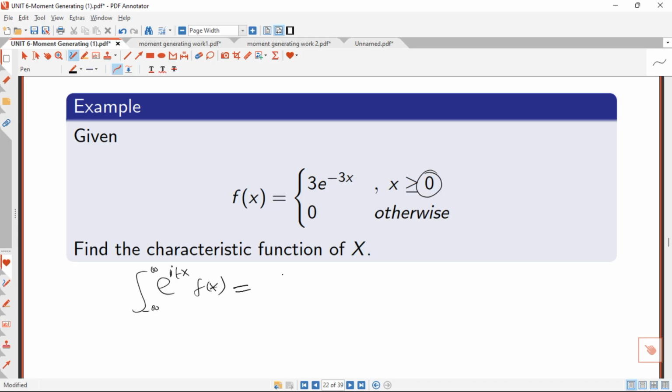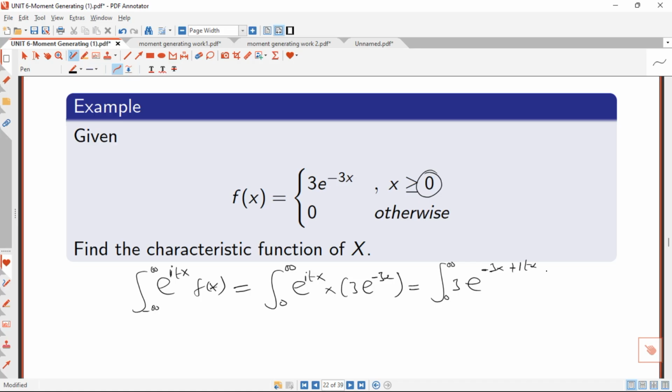So this will be equal to the integral moving from 0 to infinity of e raised to the power i times t times x times 3 e raised to the power -3x. If you do it properly, you are going to get the integral from 0 to infinity of 3e raised to the power -3x plus itx.